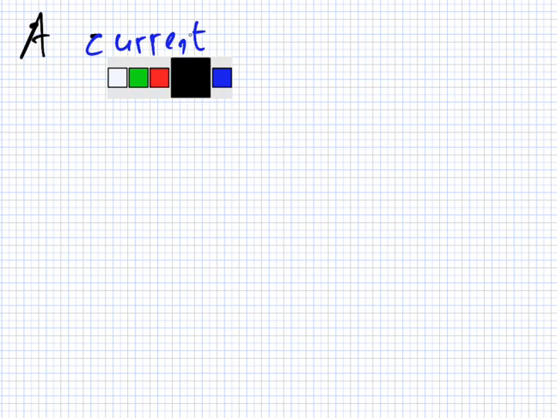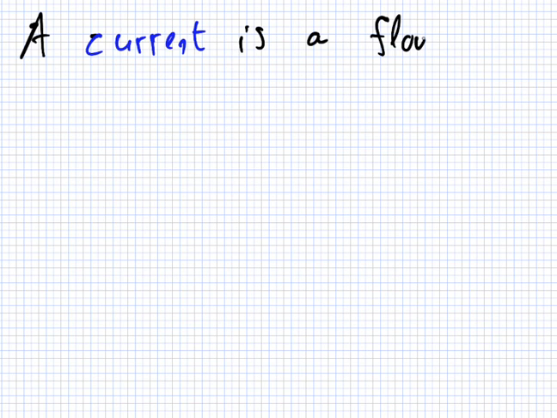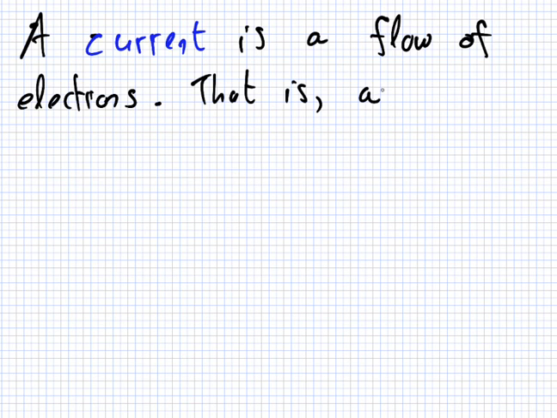So, a current is a flow of electrons, that is a movement of charge.